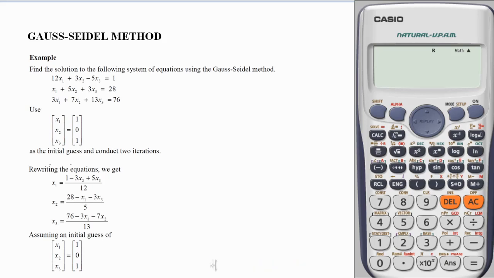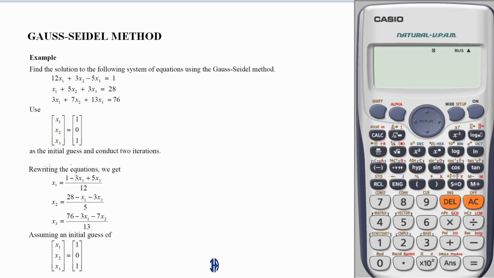Find the solution to the following system of equations using the Gauss-Seidel method. Yung first equation natin is 12x1 plus 3x sub 2 minus 5x sub 3 is equals to 1. The second is x sub 1 plus 5x2 plus 3x sub 3 is equals to 28.